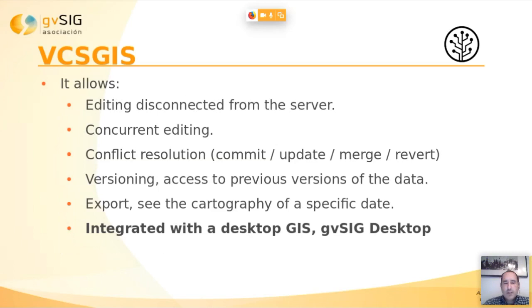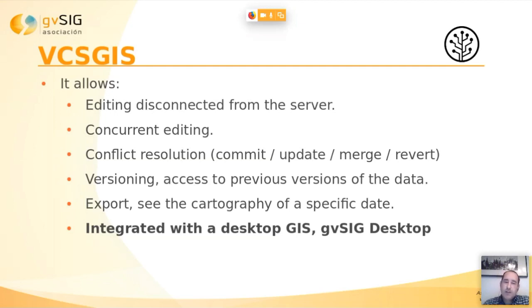We also have versioning, so we can access the previous version of the data to recover a geometry in a concrete date. We also have another tool that is the export, to export the cartography, to see how the cartography was in a specific date.